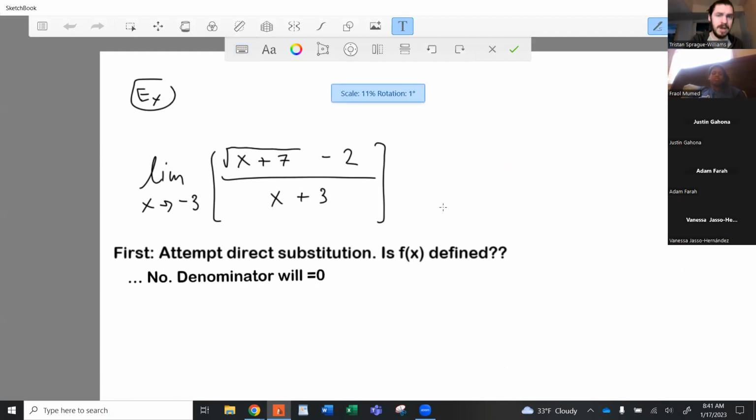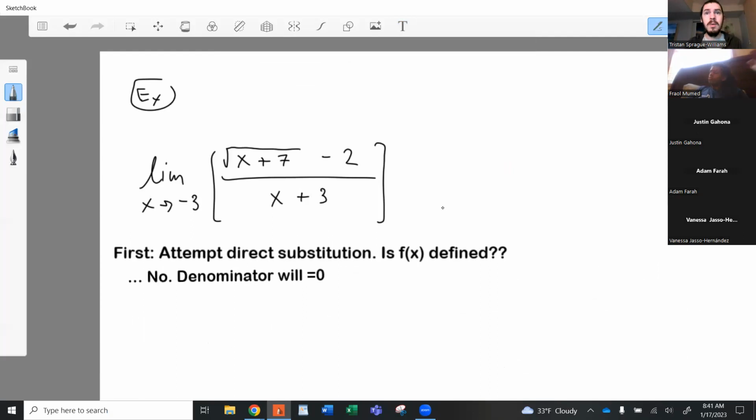Okay, good. So what's the numerator equal to, by the way? 0. Also 0. So like Elijah said in the chat, this is another example of an indeterminate limit.